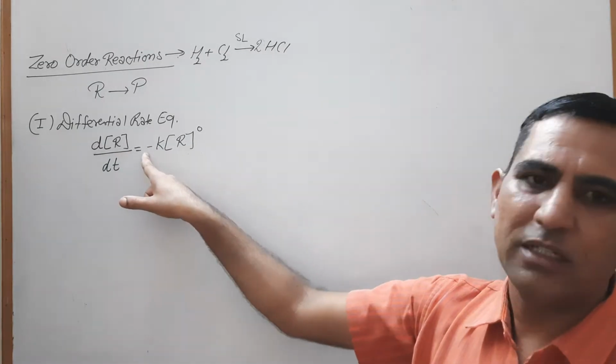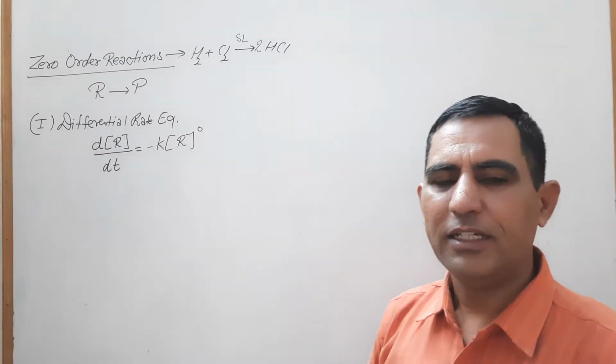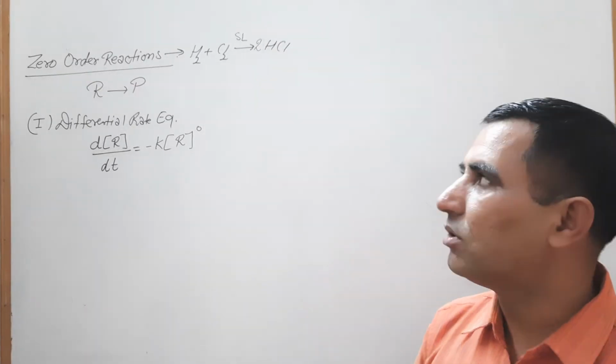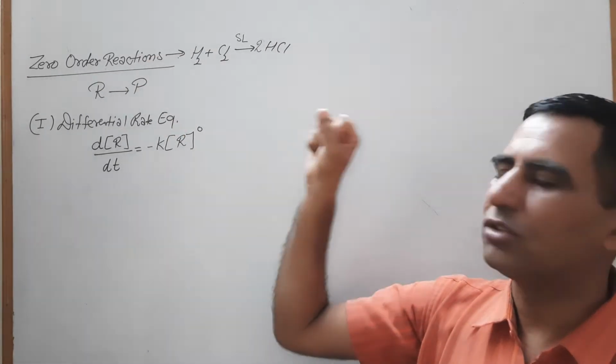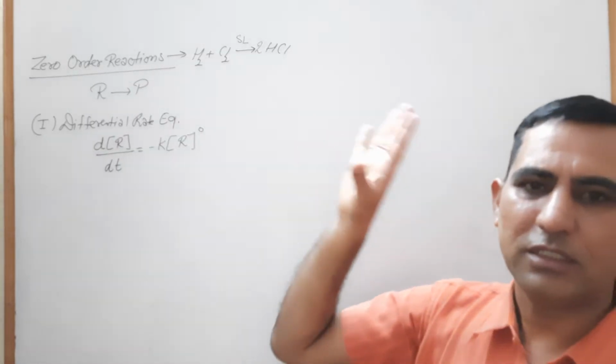Why the minus sign? Because we are talking about the reactant, and the concentration of the reactant decreases with time. Why is the power 0? Because it is a zero order reaction. So dR by dt equals minus k R to the power 0.